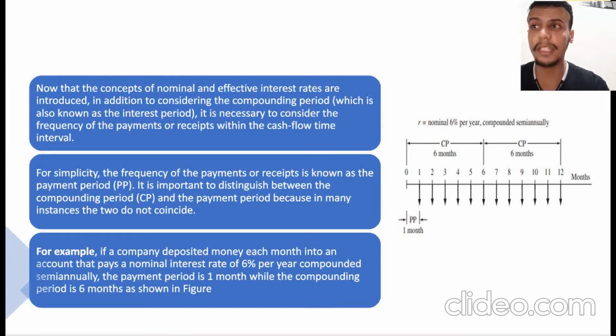Now that the concept of nominal and effective interest rates is introduced, in addition to considering the compounding period, which is also known as the interest period, it's necessary to consider the frequency of the payments or receipts within the cash flow time interval.